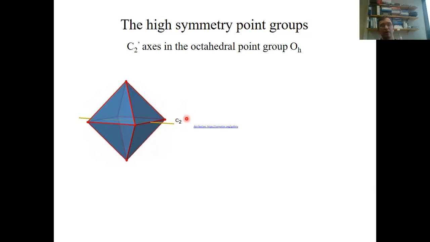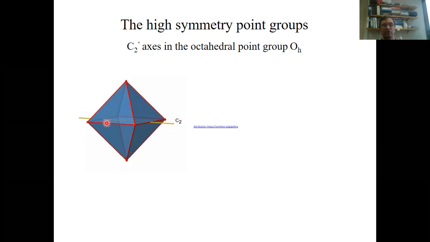Now how many of these types of C2 axes would we have that are conjugate to each other? Well, we have to count the number of edges, divide that by 2, and that should give us the correct number. So let us count the number of edges. We have 1, 2, 3, 4 here.